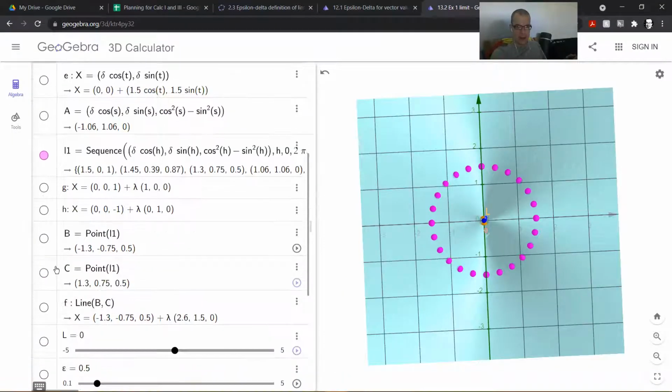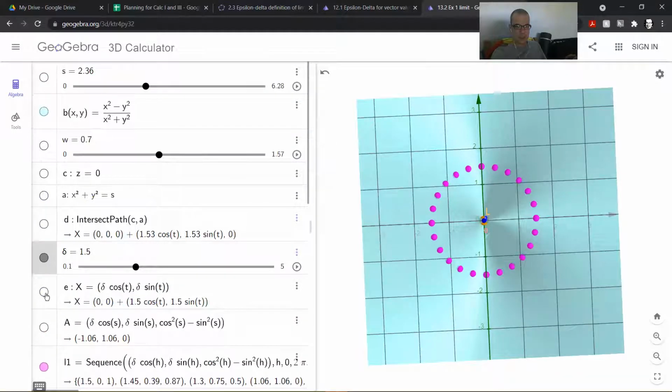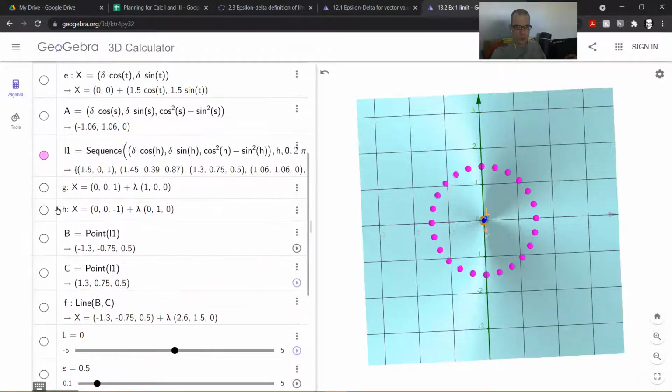And so if I can find, pretty sure I had a path. Oh, this one. Okay. This one looks to be going along the x-axis.